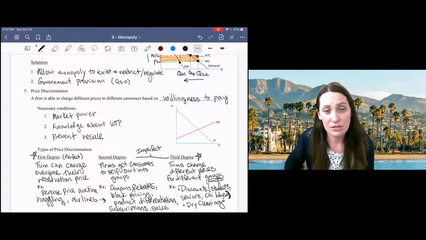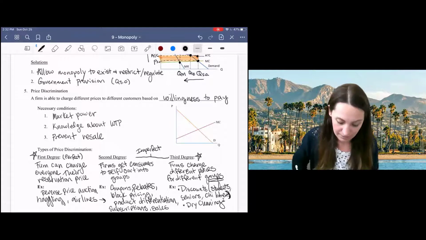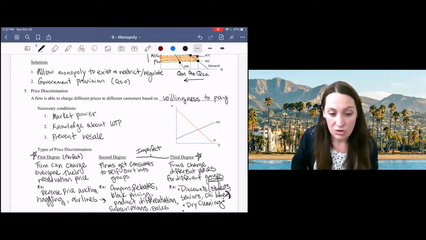So in order to discriminate based on sex, the firm has to argue that it's a higher cost to provide those services to women than it is to men, which I think is many times a very thin argument. So I'm going to put that here.